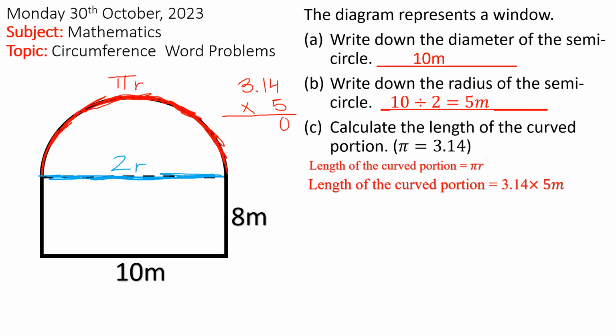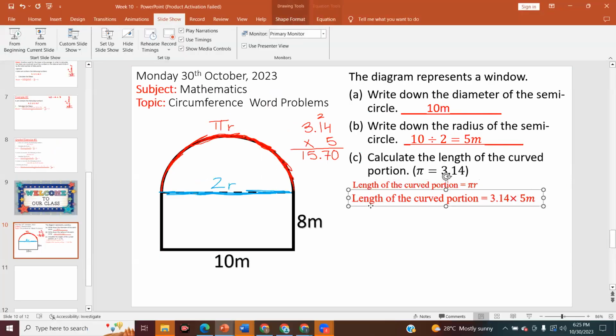Put the 0 down, put the 2 up. 5 times 1 is 5, plus 2 is 7. And 5 times 3 is 15. Very good. It's going to be 15.7. So the length of the curved portion is 15.7.